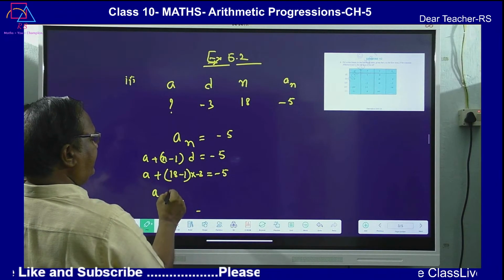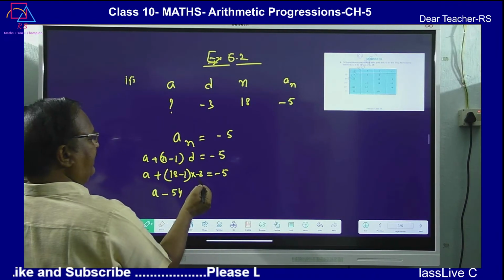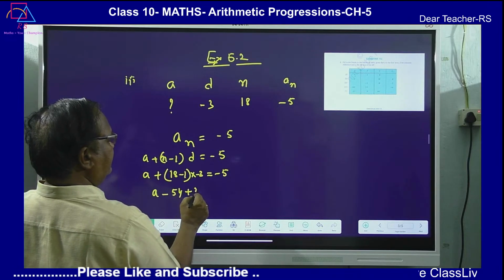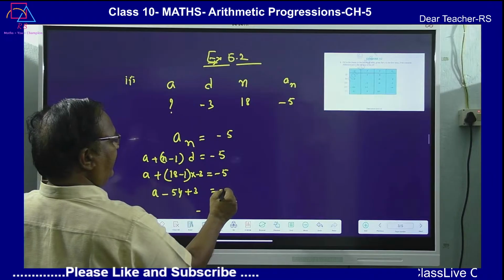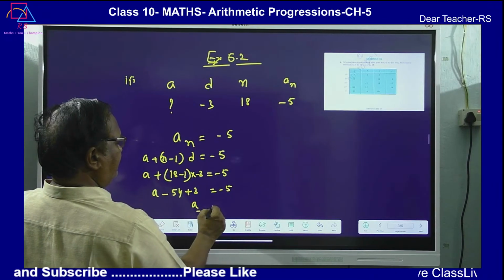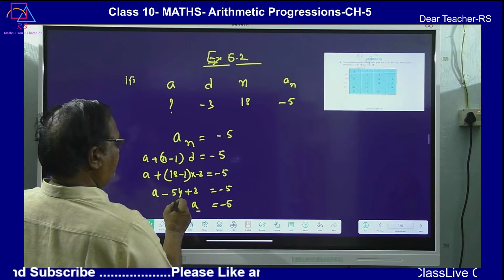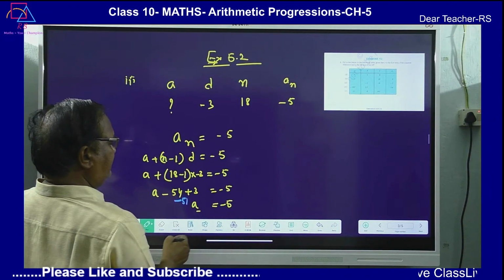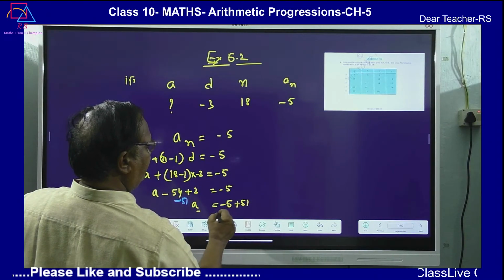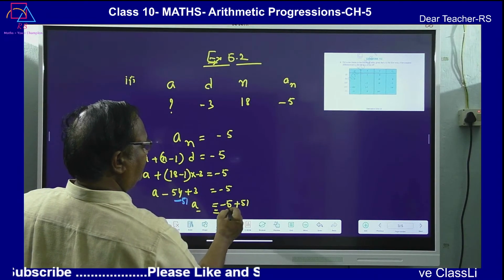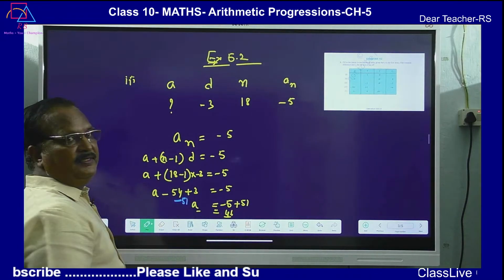Minus 3 into 18 is minus 54, minus 3 into minus 1 is plus 3. Otherwise 17 into minus 3 is minus 51, that is also okay. So a is equal to minus 5 plus 51, which is 46. A is equal to 46.